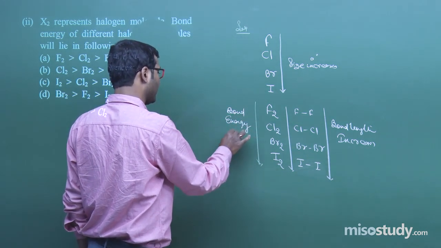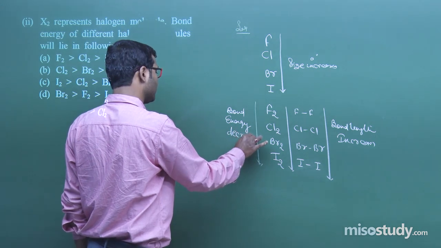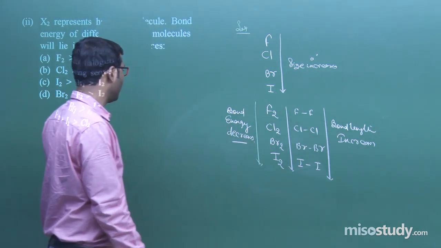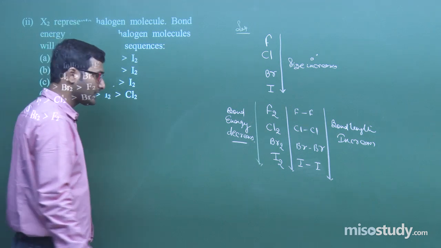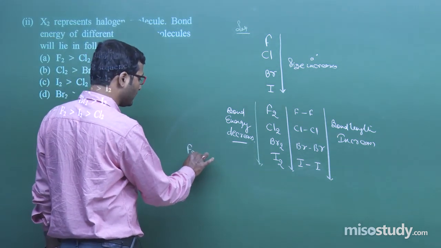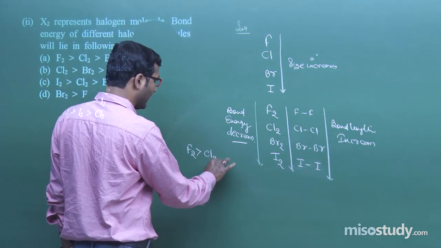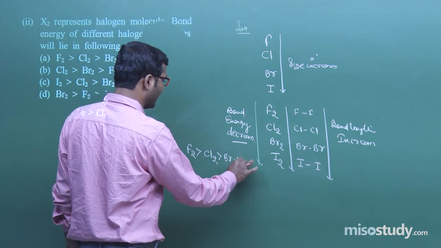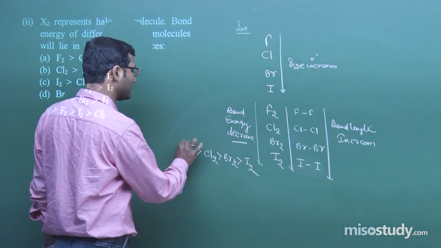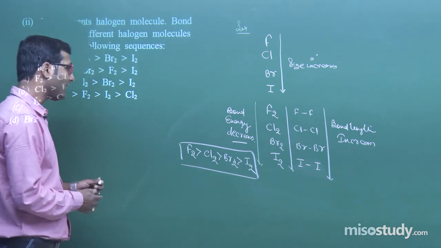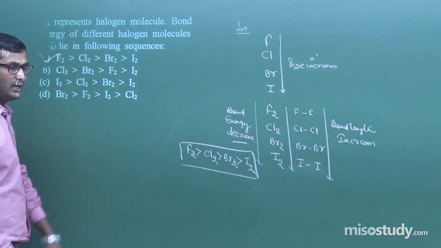Yes sir, bond energy decreases. So what is the correct order in this case? We will write fluorine will have more bond energy than chlorine, than bromine, than iodine. So we got the answer, that A is the correct option.